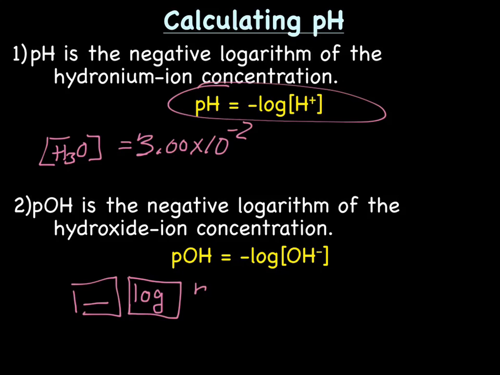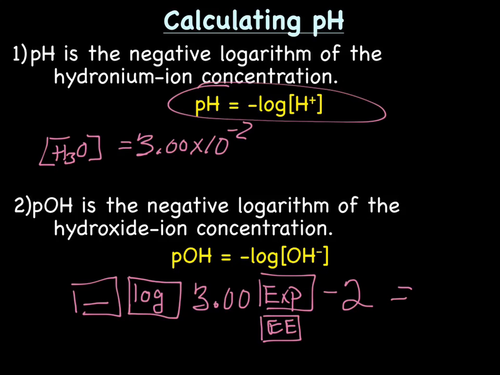And then you would put in 3.00 and your EXP or EE button, negative 2, equals. Okay? And that gave me an answer of 1.52287 and so forth.